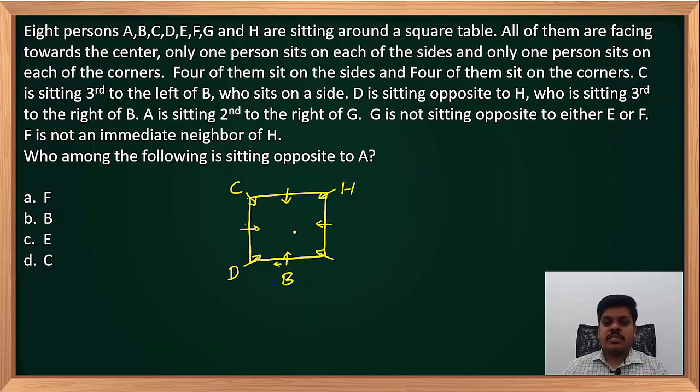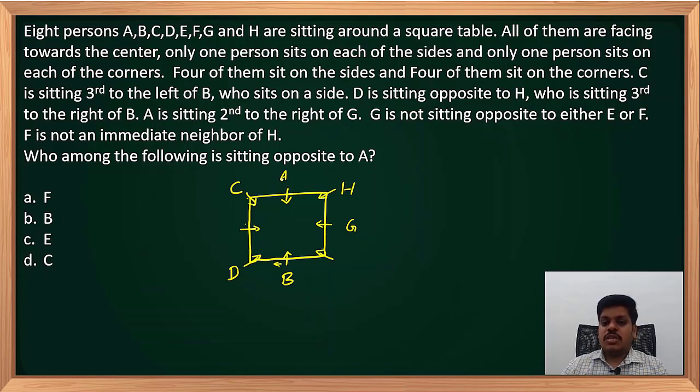Then A is sitting second to the right of G. We cannot know where A and G are. Suppose G's position is here, its second position to the right is this, which is not admissible, so we can remove it. Next, if G is here, A can be here only.